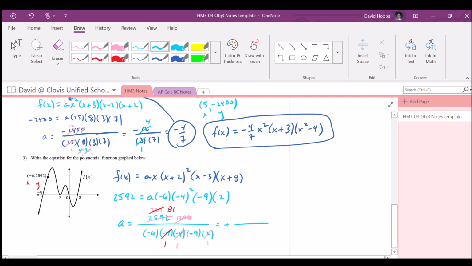Okay, so 4 into 9 into 81, 9 times, and 9 over, remember we already got the fact that it's going to be positive. So 9 over 6. So 3 goes into both of those. 3 goes into 9 three times, 3 goes into 6 twice. So a is 3/2.